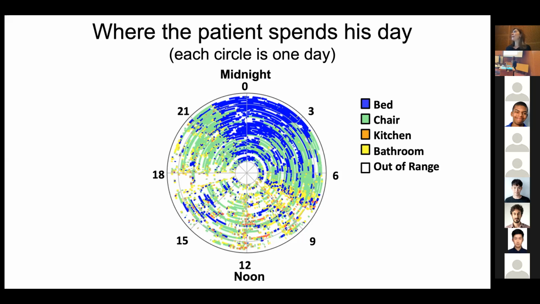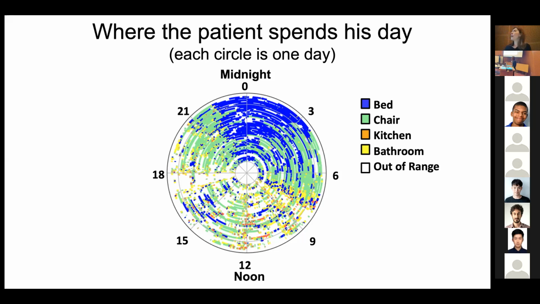Another thing that you can see, you see this cone is yellow around 8 a.m. in the morning. So yellow refers to the time when he goes to the bathroom for his showering and toileting. So let me ask you this question.